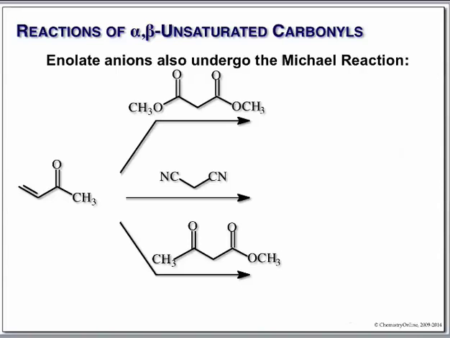That is simply going to add to the alkene carbon here, hydrogen here, all the rest here, and it would look like that. The bond we made is this one here between dimethylmalonate and the carbons of our original alpha-beta unsaturated carbonyl.